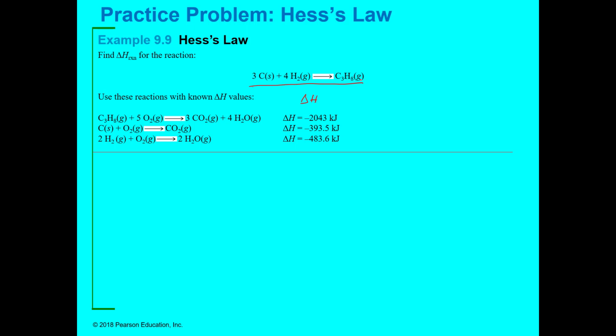And so what we have to do is, when we get done with this, we have to have 3C plus 4H2 gives us C3H8. Now, I'm going to have to do things to those three steps in order to end up with this overall reaction, which I just rewrote here, so that I could see what I did to each individual reaction.